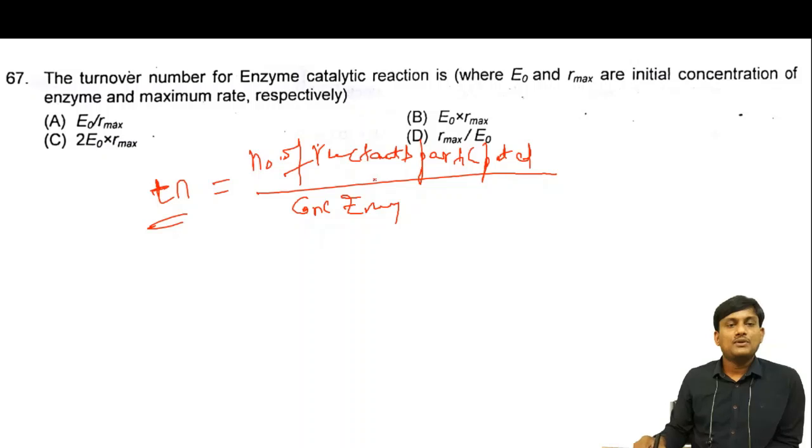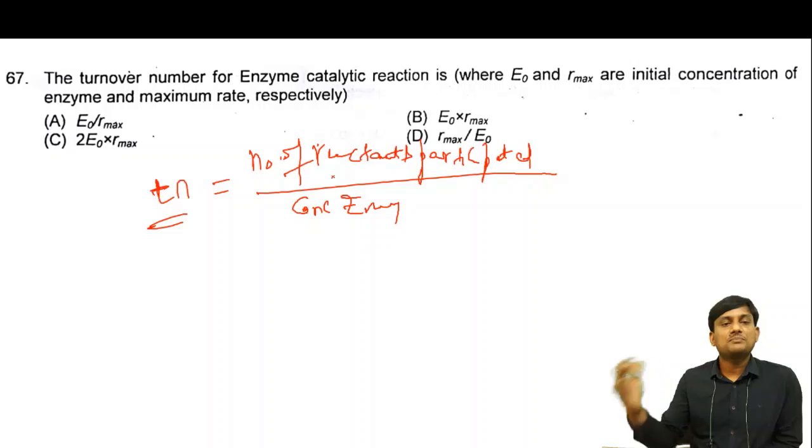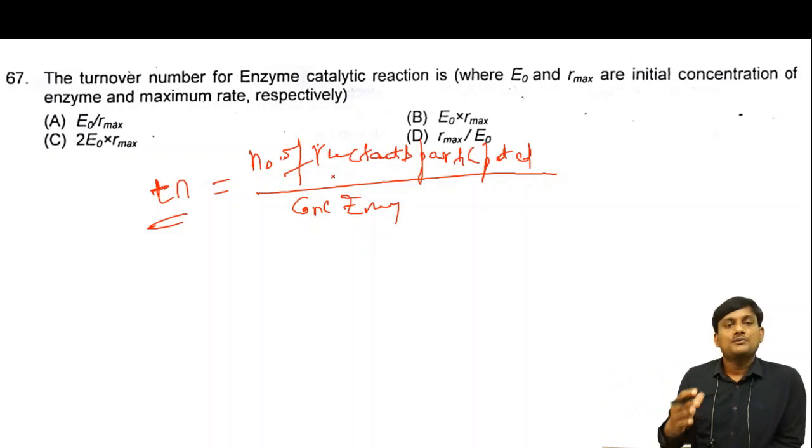What is the turnover number or turnover frequency? It is the number of molecules which are participated in the reaction per unit enzyme molecule. Per unit enzyme molecule, how many reactants are participated? Or for a unit active site, how many reactant molecules are participated?